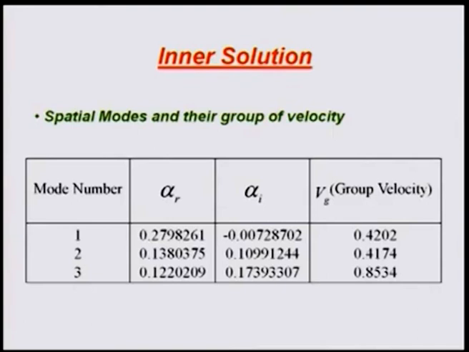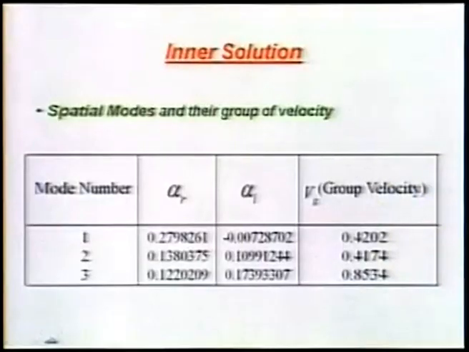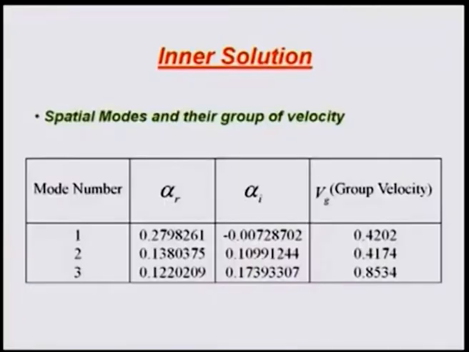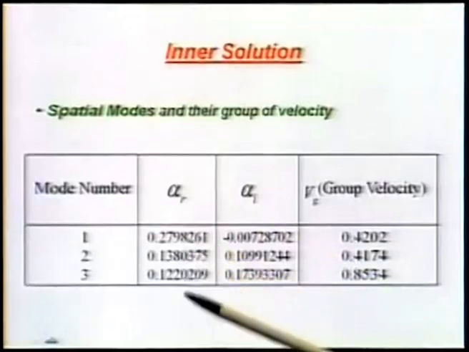Also, we noted that there is something more to this whole story: when you look at the spatial modes along with the group velocity for this particular case of Reynolds number of 1000 and a non-dimensional circular frequency of 0.1, you only get 3 modes. That's it.